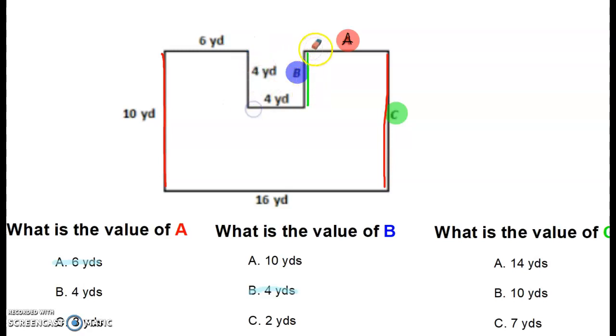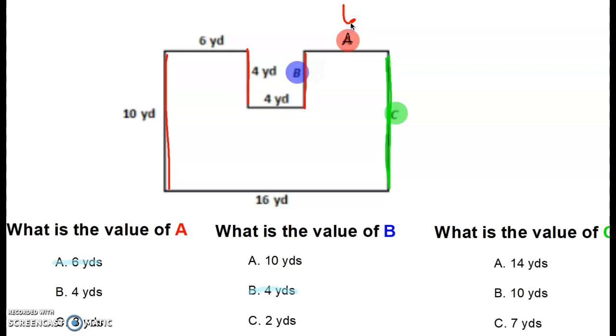Taking a look at the last one, if you were asked to find the measurement of side C, we're looking at that green dot, this side right here. Again, we're using those values to help us figure it out. The other vertical sides. Sorry, guys, I forgot.